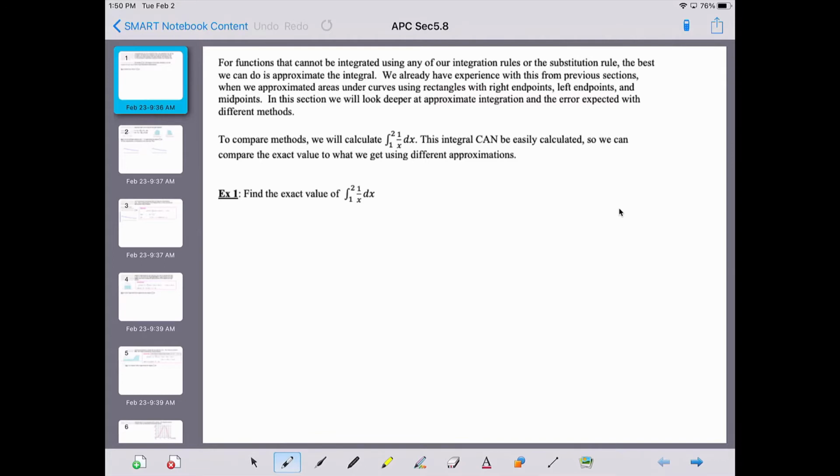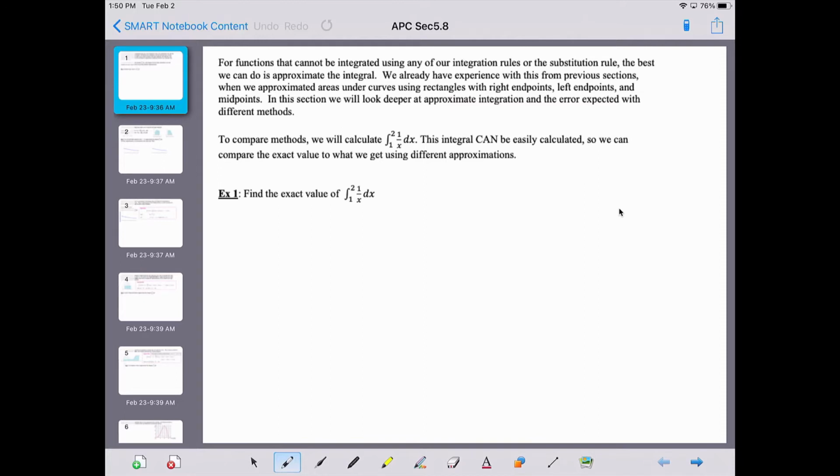Now, we're going to learn a few new methods today, and to compare how good those methods are, we're going to use a function that we can evaluate exactly, so that as we estimate the area using different methods, we have a basis of comparison against the real, exact value.